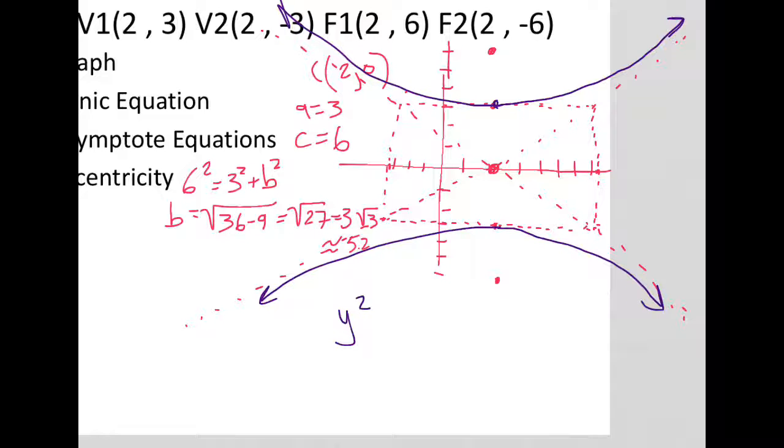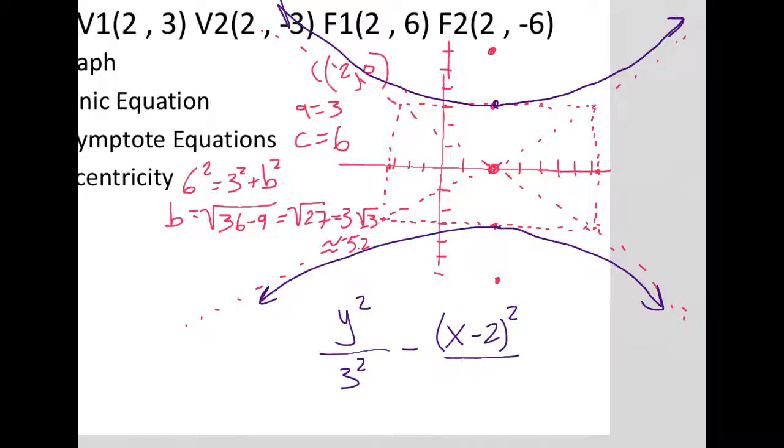Y minus 0 quantity squared is just y squared over what is my a value? What is the value of half that transverse axis? Well, that is 3. So 3 squared there minus my x stuff, which is going to be x minus 2 quantity squared, again because my center is at 2, 0.